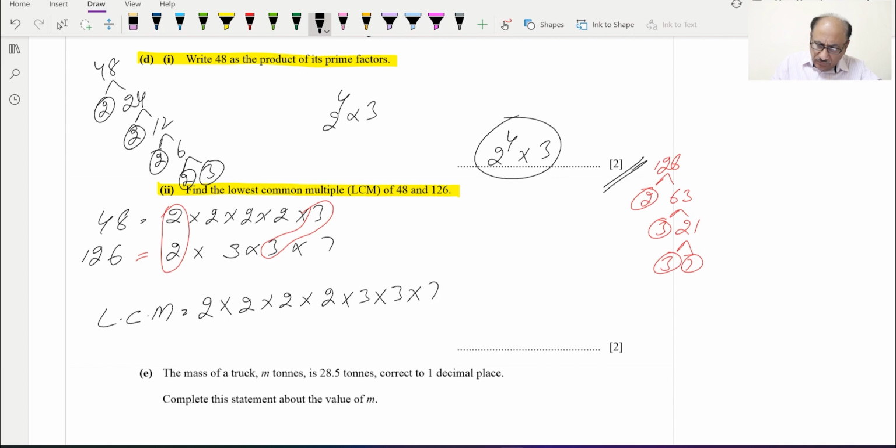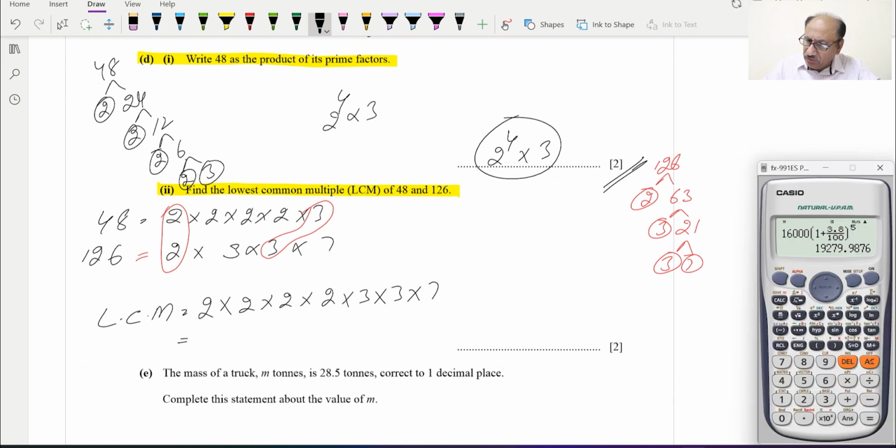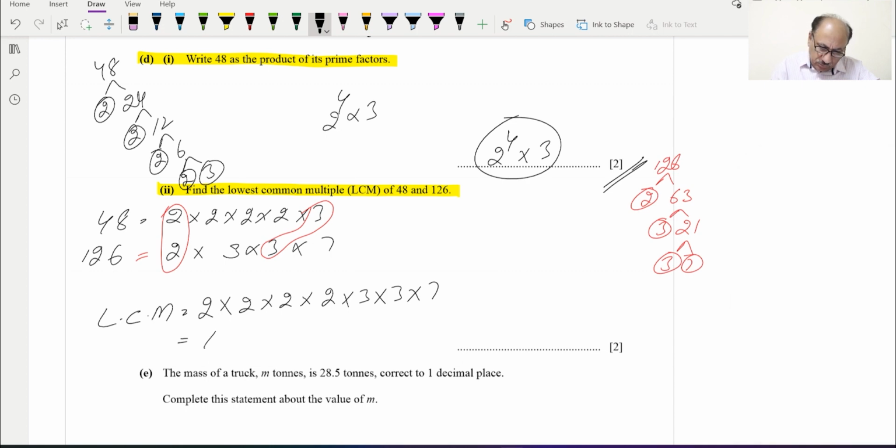So individual numbers we take as they are, and from the pairs we take only 1. This will be the technique. Now 2 raised to the power 4 multiplied by 3 squared and multiplied by 7 is equal to 1008. So 1008 will be our final answer for these 2 marks.